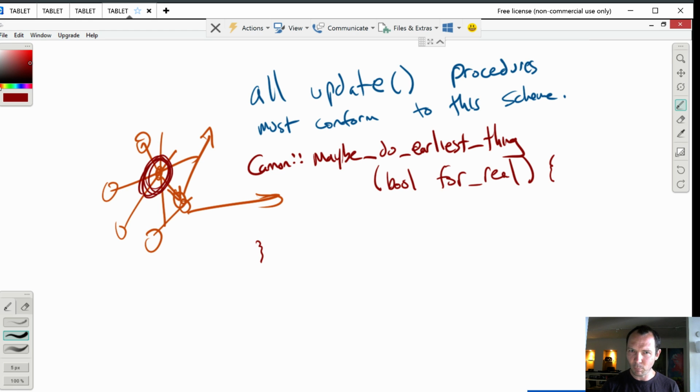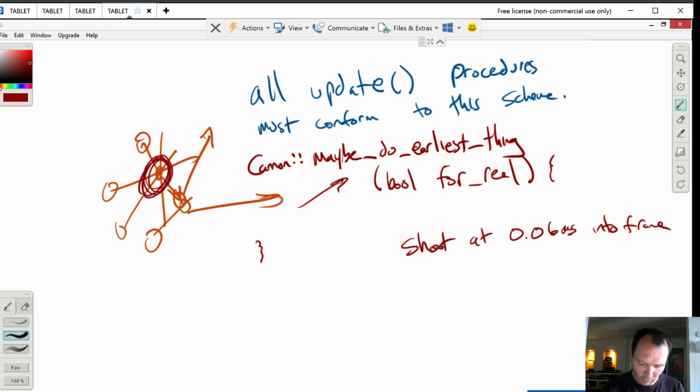That might be simpler, it might be more confusing depending on your taste. It gives you fewer procedures to mess with, but it's worth noting that you still have to return the earliest thing. So if there are 5 things the cannon can do, say it would shoot at 0.06 milliseconds into the frame, or let's just say these are cannons that activate and deactivate, right?